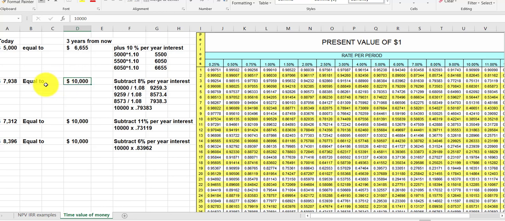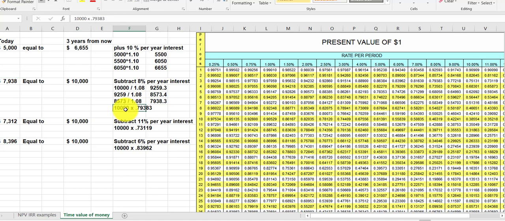The interest rate that we would be giving up by buying the machine is 8%. So the long way would be to take the 10,000, divide by 1.08, get 92.59, divide that by 1.08. Remember, 1 plus the interest rate. Get 85.73, divide that by 1.08. We're kind of rounding here, and we get 79.38.